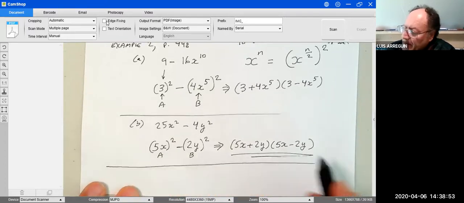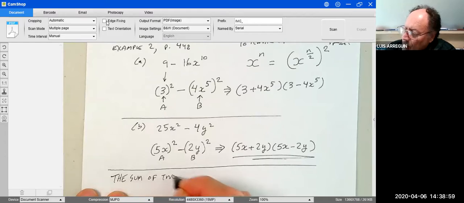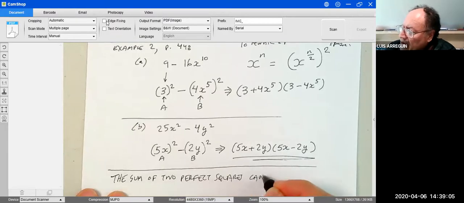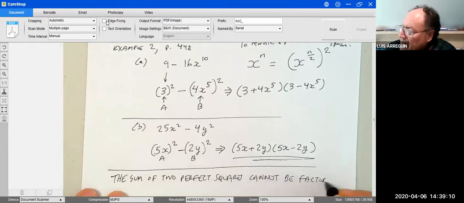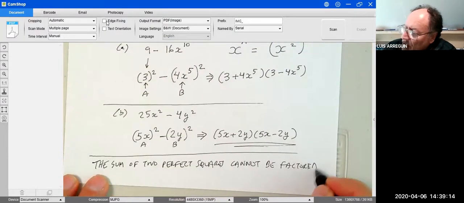So again, the sum of 2 perfect squares cannot be factored. Okay, this is important. Only the difference.